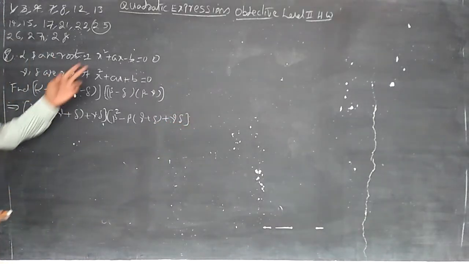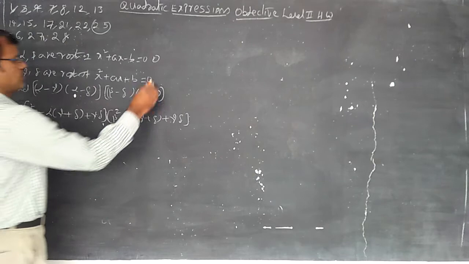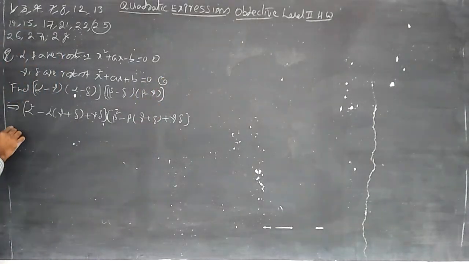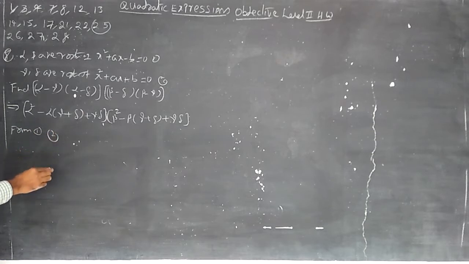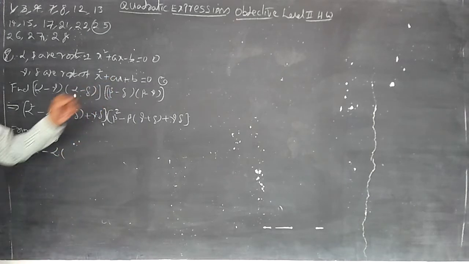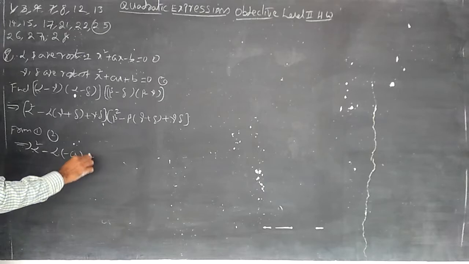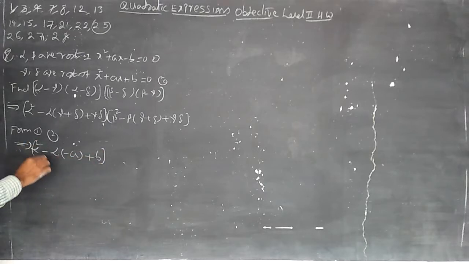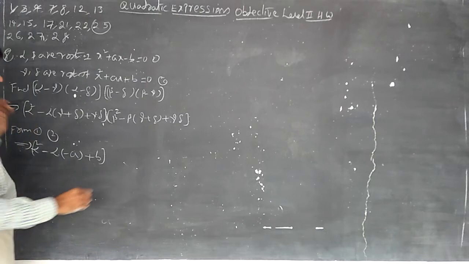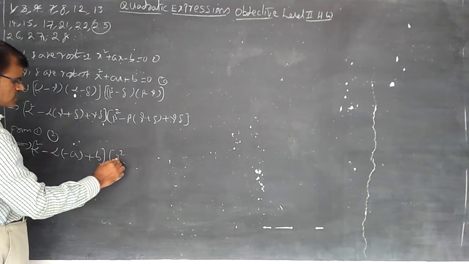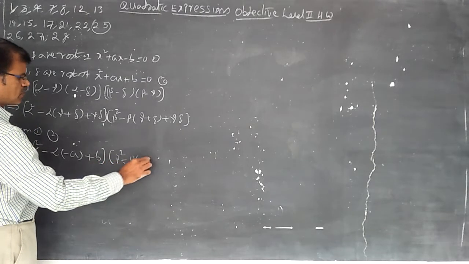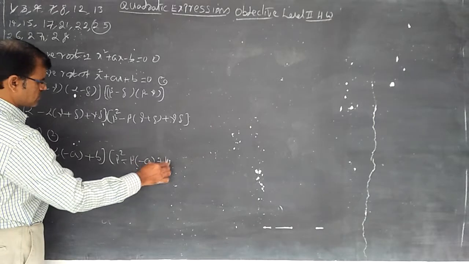Now depending upon the original quadratic equations, that is 1 and 2, from 1, 2 you can write alpha square minus alpha into, instead of gamma plus delta, minus a, plus gamma delta which is b. Alpha square plus a alpha plus b into beta square minus beta into minus a plus b.